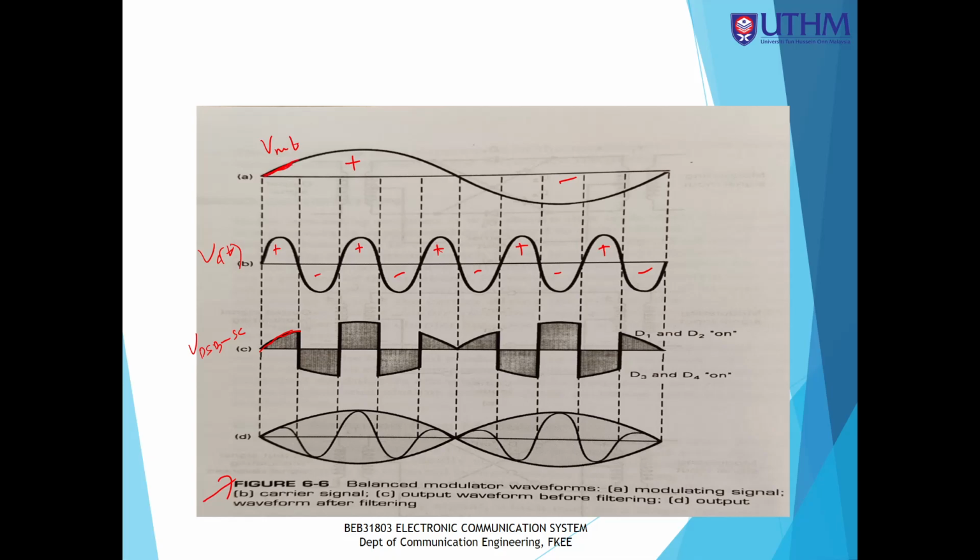When the carrier changes polarity, D1 and D2 switch off, and D3 and D4 switch on. Then D3, D4 switch off, and D1 and D2 switch on again, and the rest follows until here.